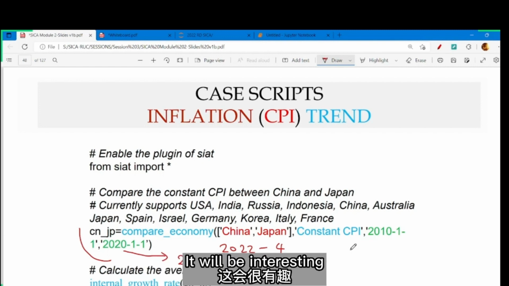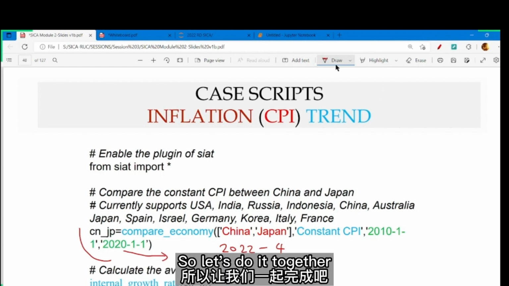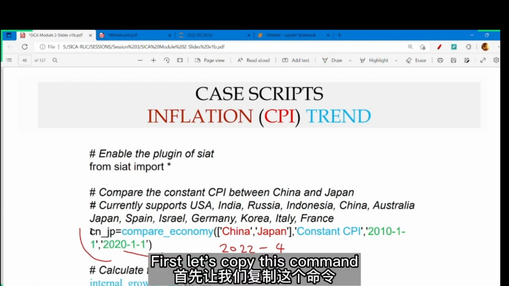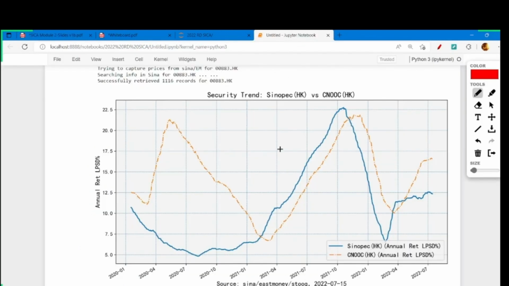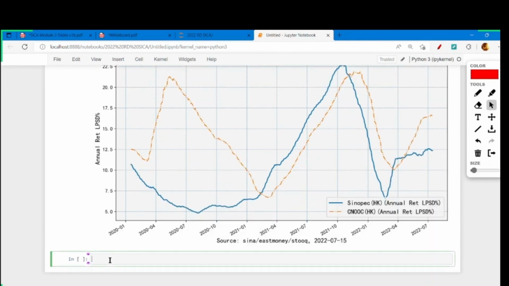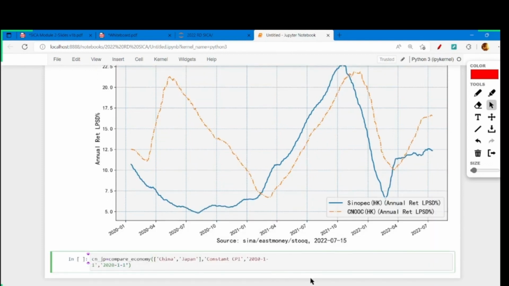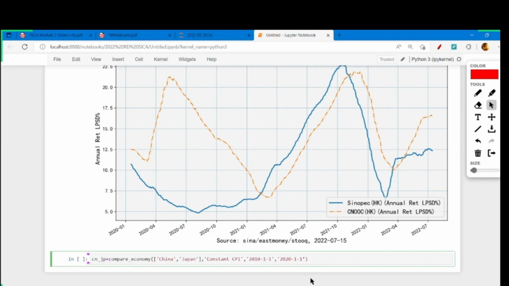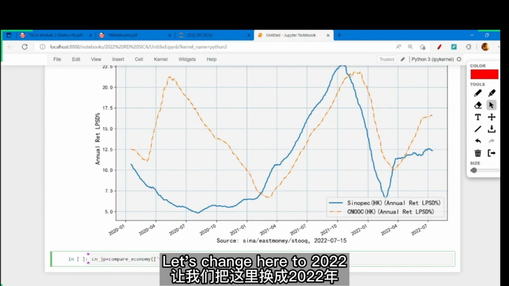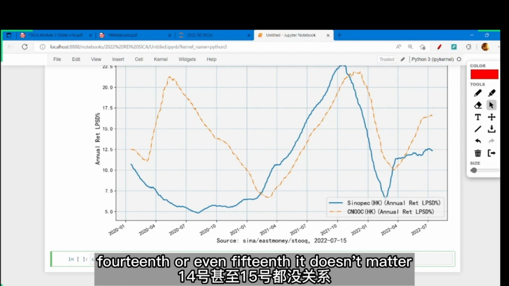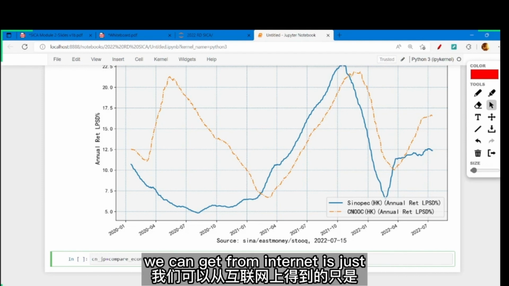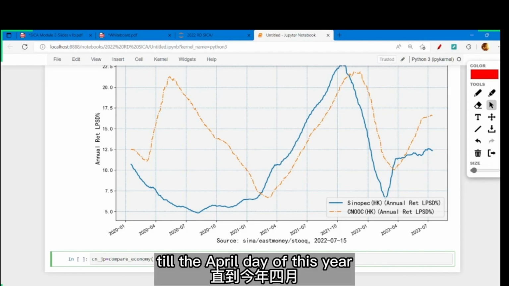It will be interesting. First, let's copy this command. Let's change this to 2022, July 14th, or even 15th, it doesn't matter, since I know the newest data we can get from the internet is just till April of this year.